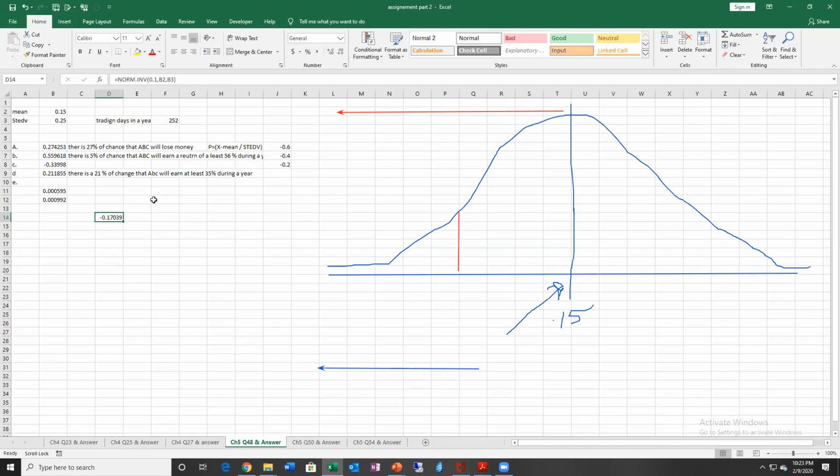We're going to say that the area under this curve here is 25%. There's a 25% chance that it will earn this amount or less, right? And if I were over here, this would be a 10% chance that it would earn this or more.